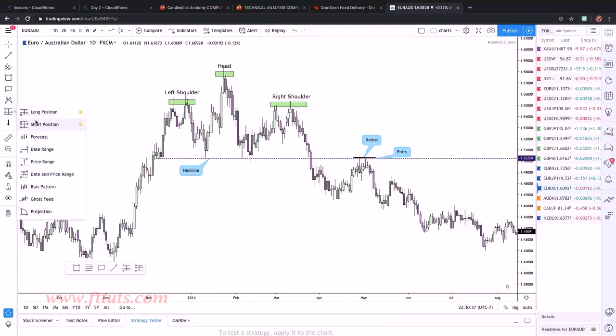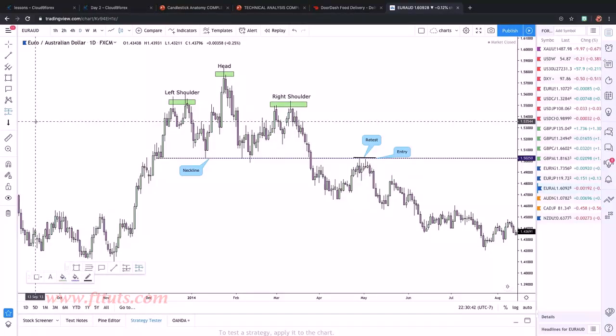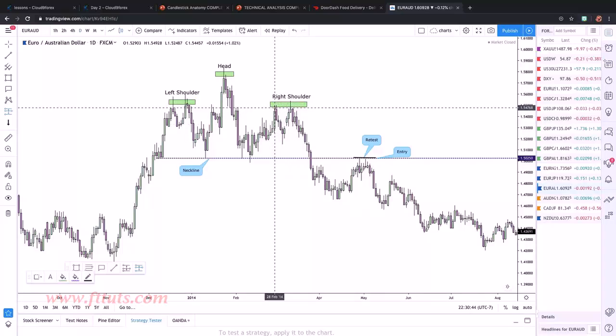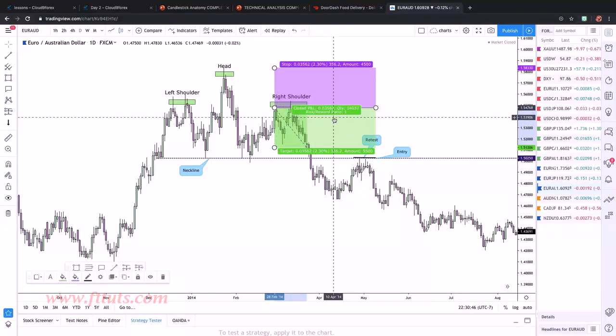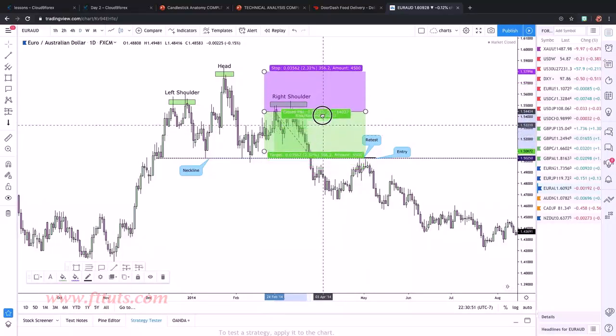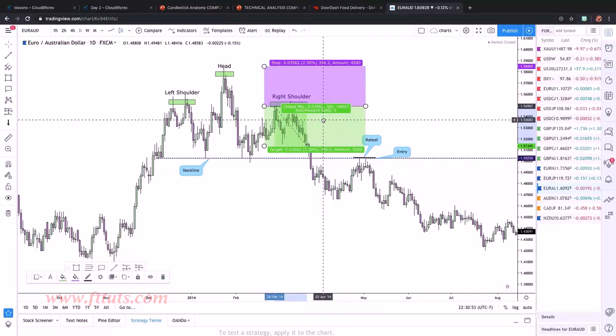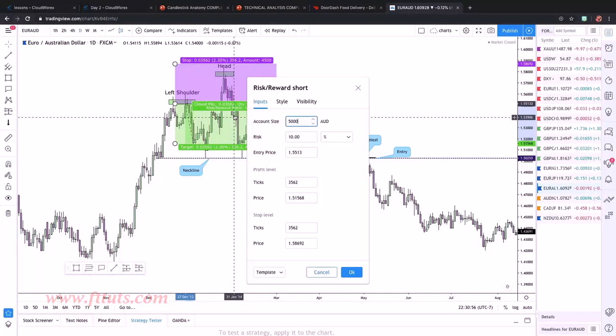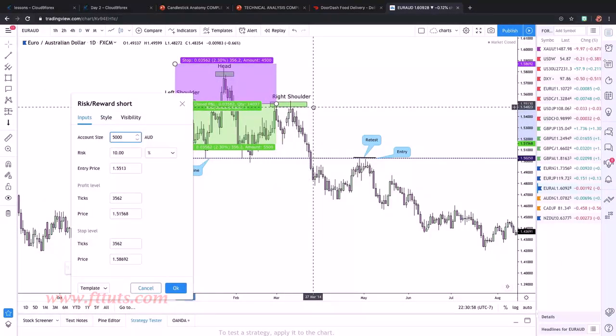And then taking out our short position. So we want to calculate our entry, stop loss, and take profit. So again, you can put in your account size and risk, whatever it is, later on.